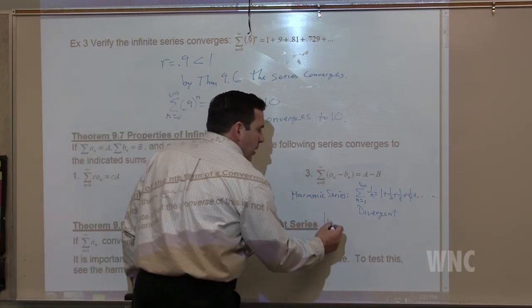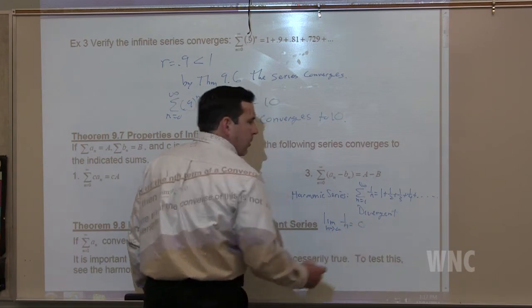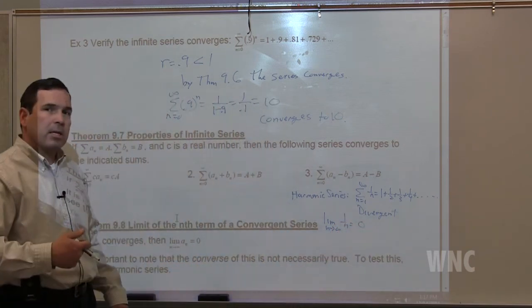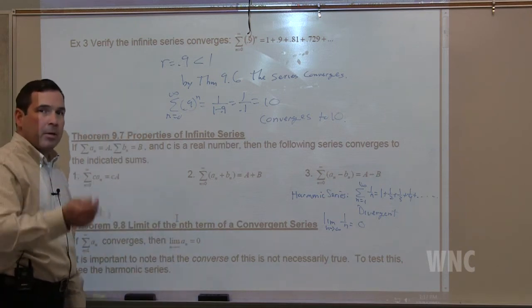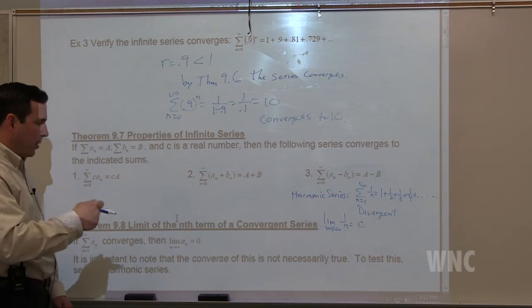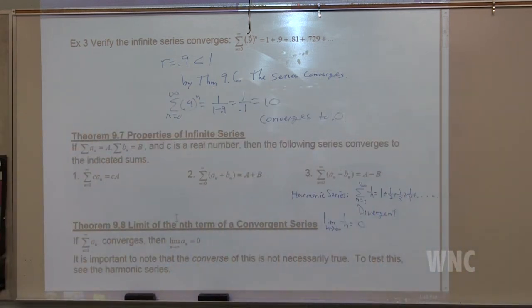However, the limit as n goes to infinity of 1 over n is 0. So just because the limit was 0 doesn't mean it will converge. So what is true is if it converges, then the limit is 0. So you've got to make sure you pay attention to the order there. Okay. Moving to the next page.